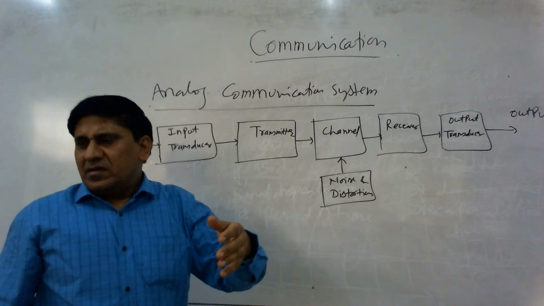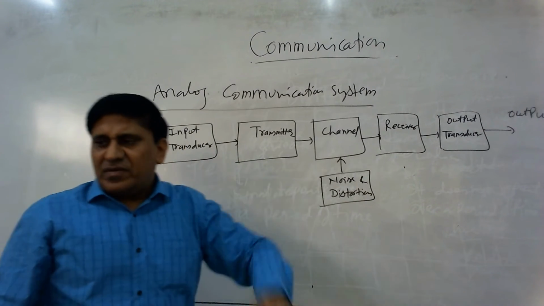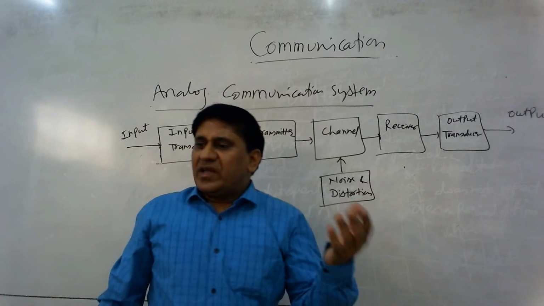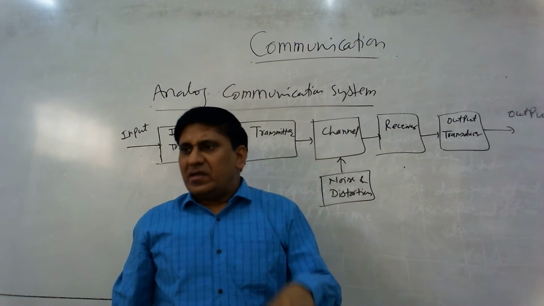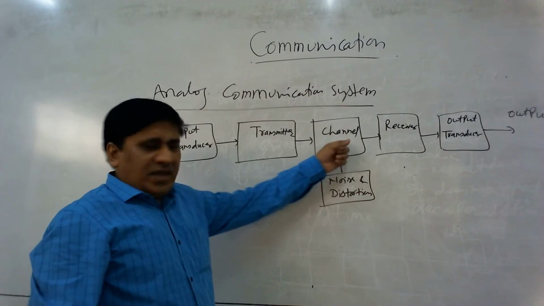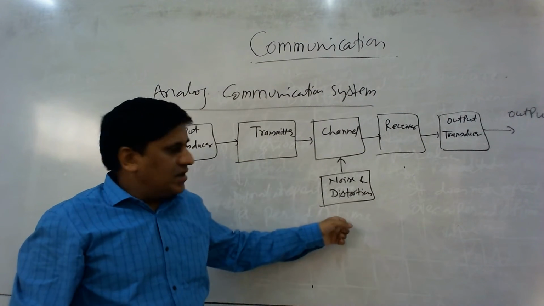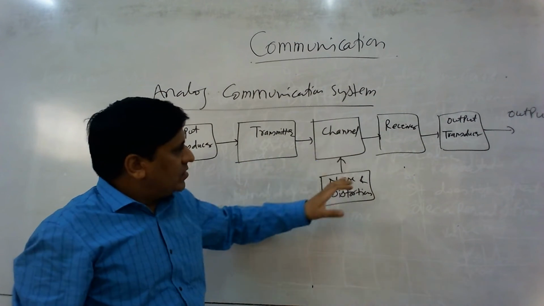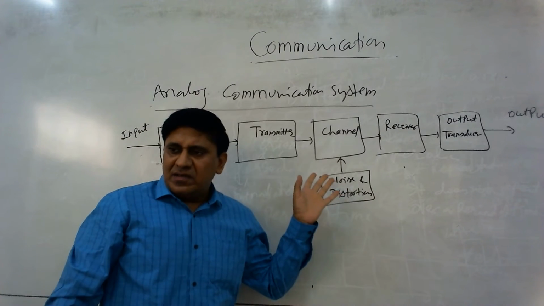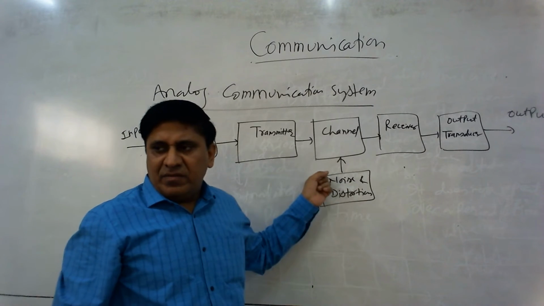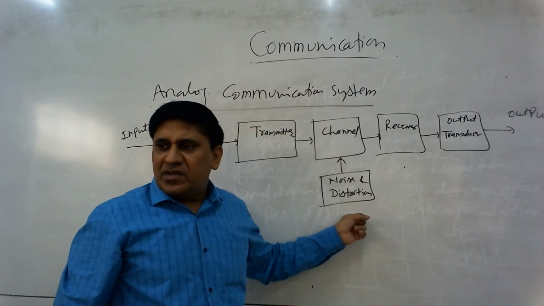Channel can be of wired type or wireless type. In the channel, mostly noise and distortions are introduced, because if it is a wired channel, it is less affected by noise and distortion.